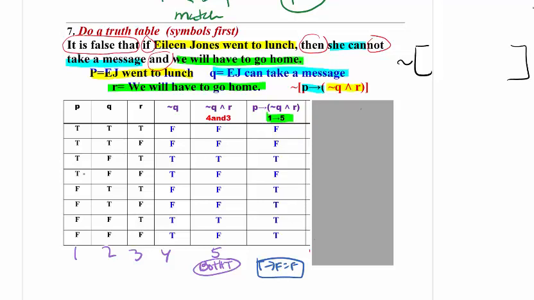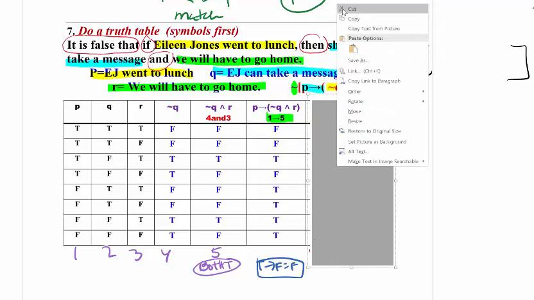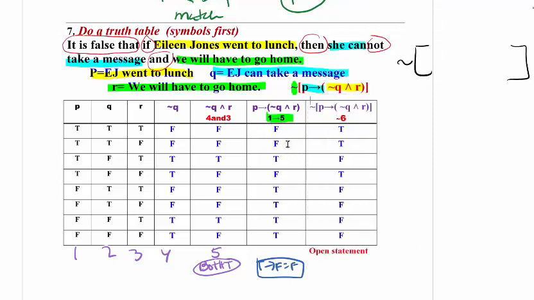True true works. True false no. All of them that start with false didn't break a promise, so they're automatically true. My last step in this truth table is to take that negation, and all I'm doing is negating column 6 to get my answer. So true, true, false, true, false, false, false, false. This is an open statement because I have a combination of those pieces. Practice, practice, practice.